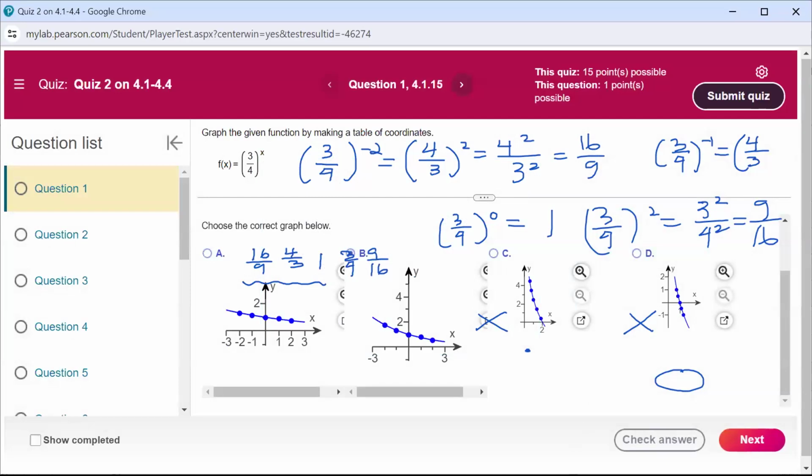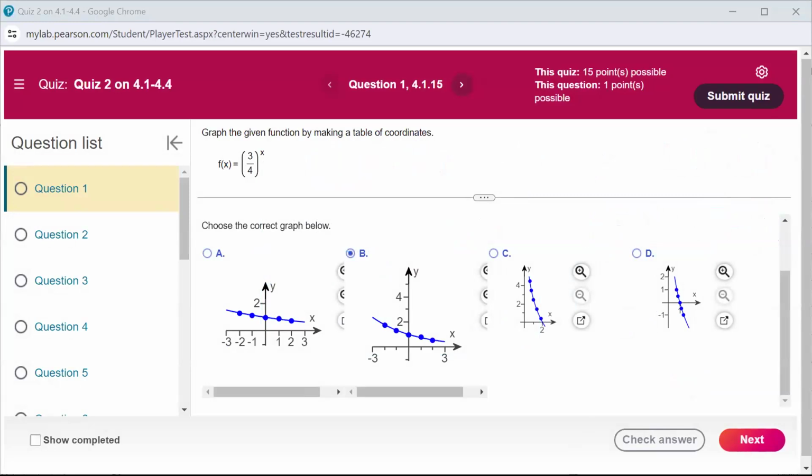Actually, let's also graph this using the graphing calculator, because if you have a graphing calculator, you can always double check. So I move over to the graphing calculator screen.